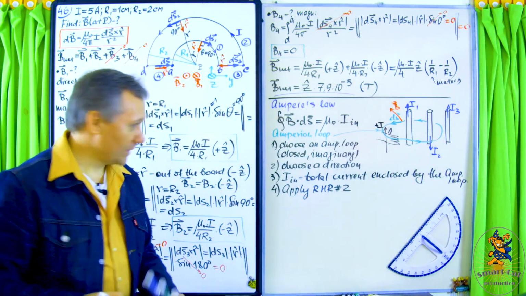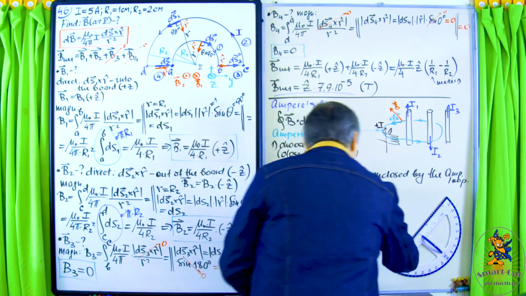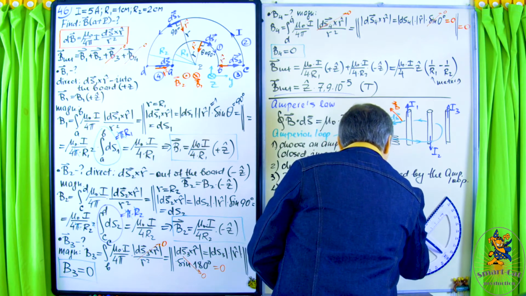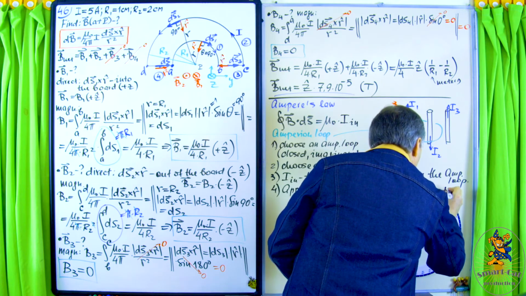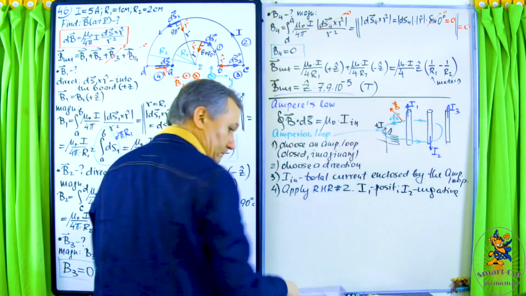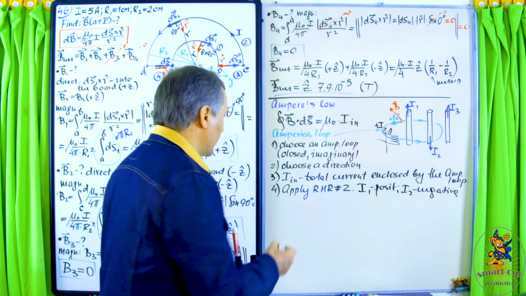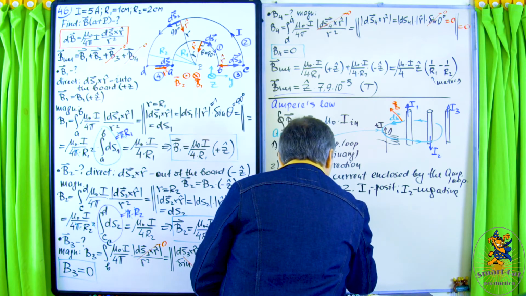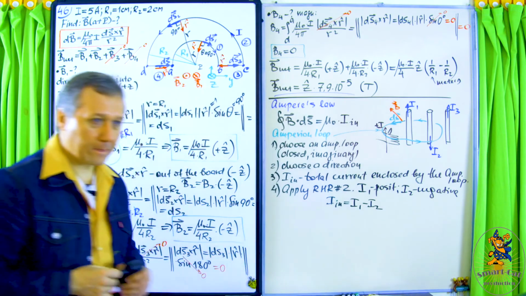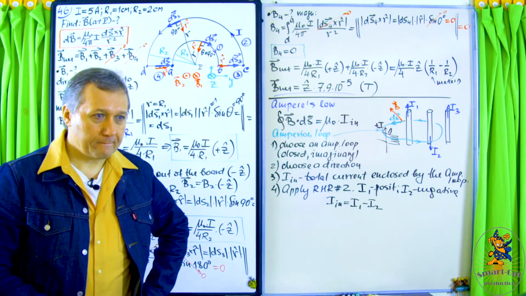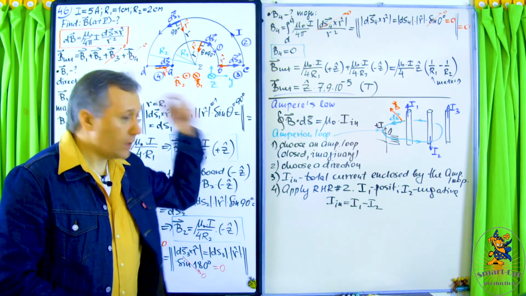So as a result, I1, which we wrote, is positive, and I2 is negative. Maybe I should write, so I enclosed equals I1 minus I2. Okay, that's what we need to do in order to take care of Ampere's law.